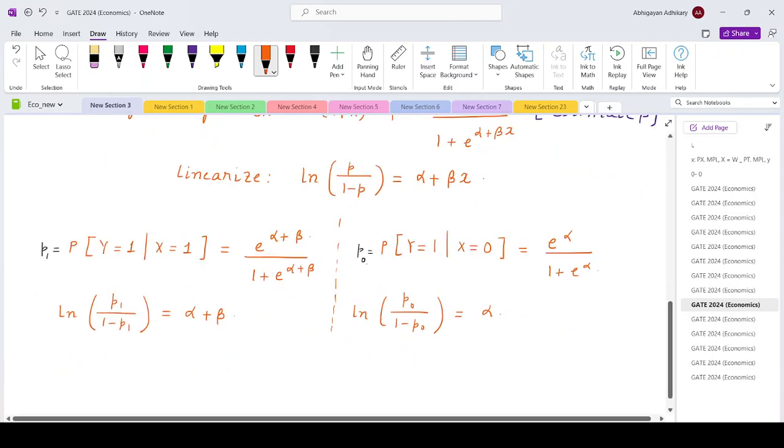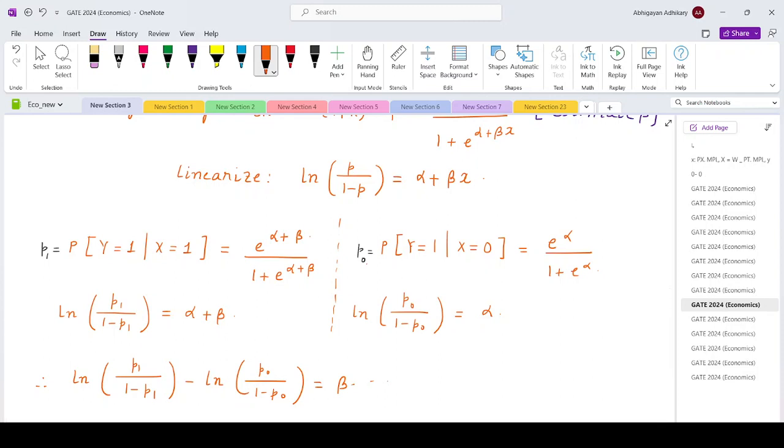So if I subtract these two, that means log of p1 by 1 minus p1 minus log of p0 by 1 minus p0, that should readily give me the estimate of beta that we are looking for.